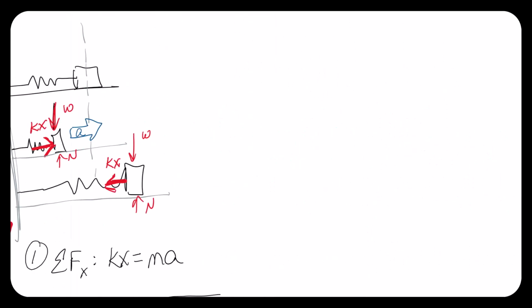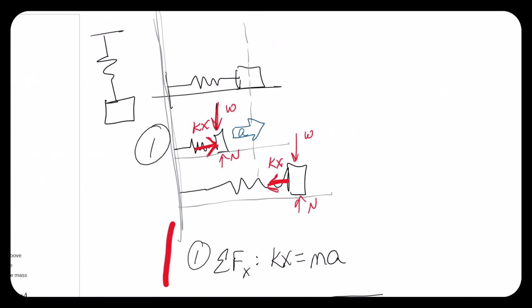Okay, and actually, if I do it for 2, just to show you, I would end up with negative kx, because it's going left, is equal to mass times acceleration, but acceleration is going left, so you actually end up with the same equation, so it's fine.